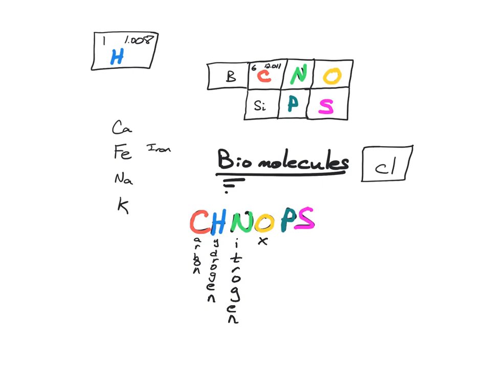This one's known as oxygen. This was known as phosphorus. This was known as sulfur. All right, so those are the CHNOPS. That's what makes up CHNOPS.